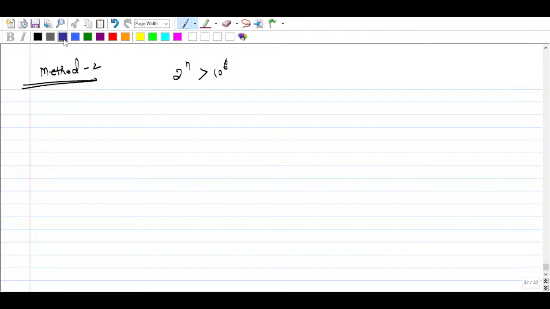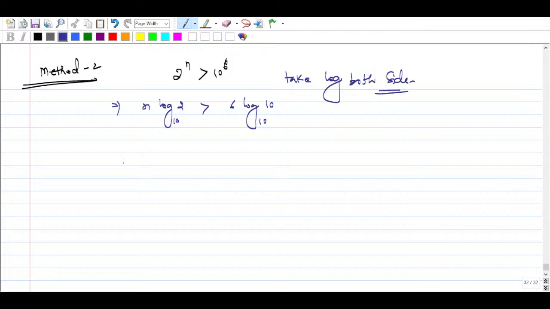If you want to do some mathematics here, you can take the log, log base 10. Here n log 2 in base 10 is greater than or equal to 6 log 10 base 10. Take log on both sides, then you will get n equal to 6 upon log 2 with base 10.